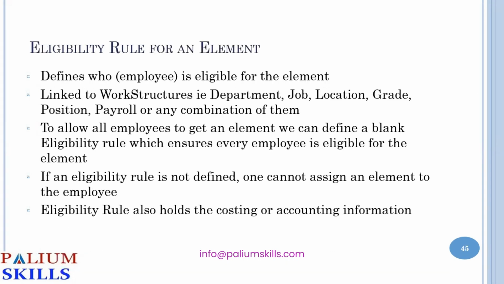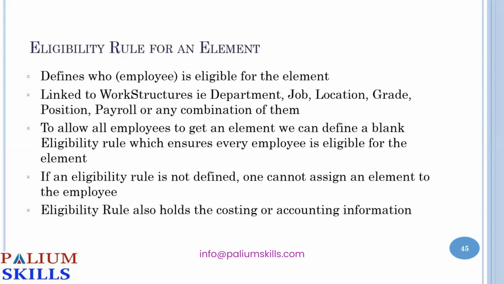Now, one very important thing when we define an element is the eligibility rule for an element. So the eligibility rule defines who is eligible for the element. It is linked to workforce structures, that is department, job, location, grade, position, payroll, or any combination of that.